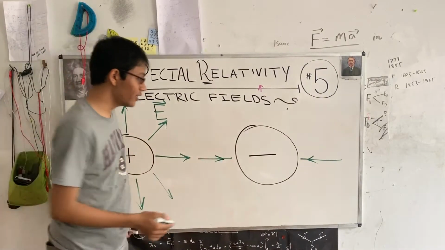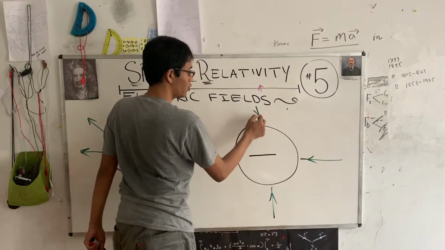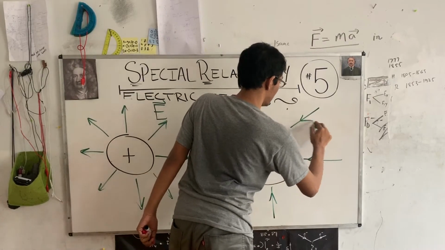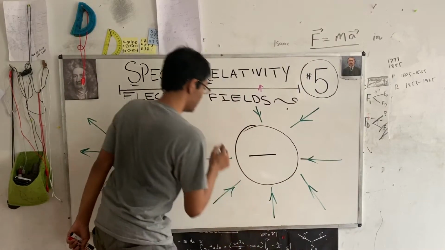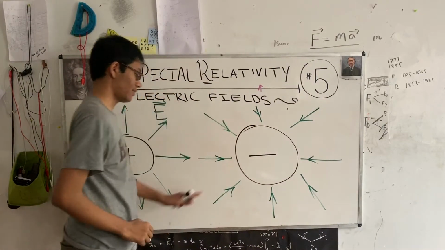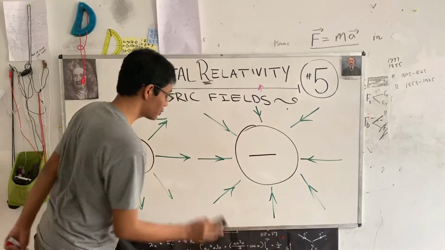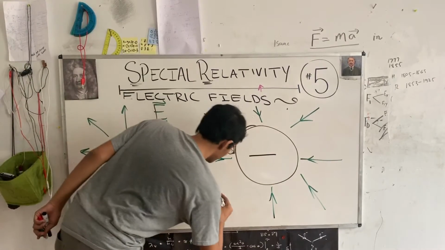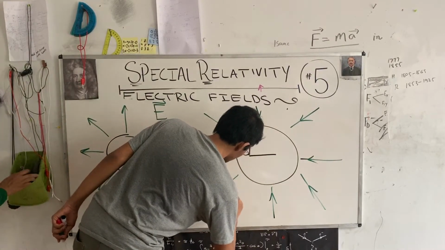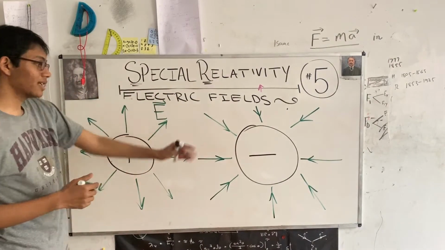So the field lines of my negatively charged electron are just going to point inwards, something like this. As you can see, the electric field lines of my electron converge inwards into my electron. Okay, so these are the field lines of the proton and electron.